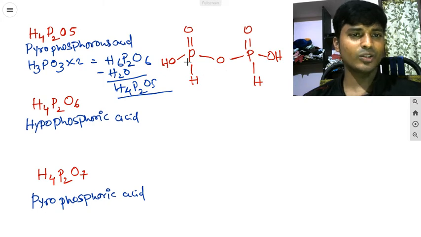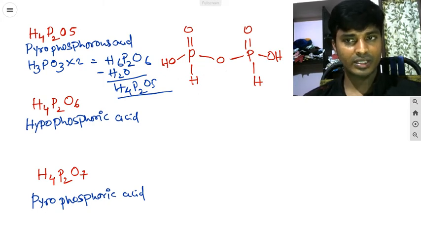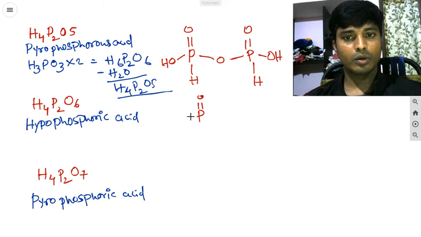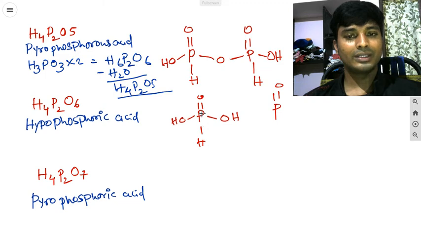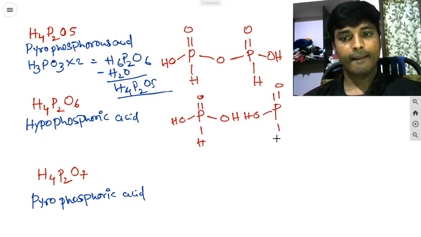Or you can just combine the 2 phosphorus acids. You know the structure of phosphorus acid anyhow. What is that structure? P double bond O, OH, OH, H. So another one you write, H3PO3 phosphorus acid, another OH you draw, and H and OH.